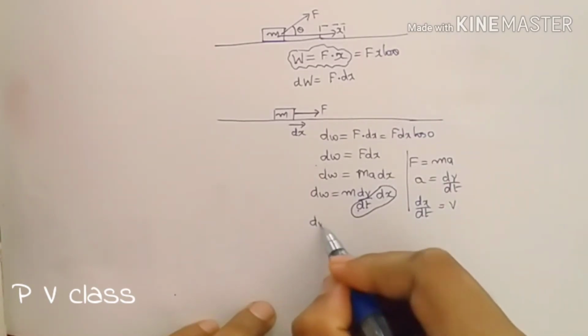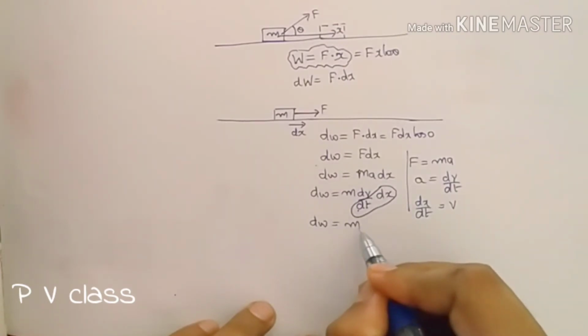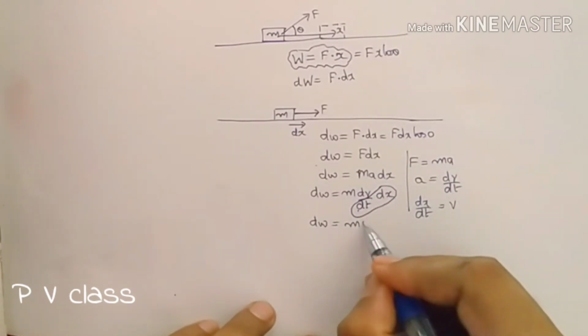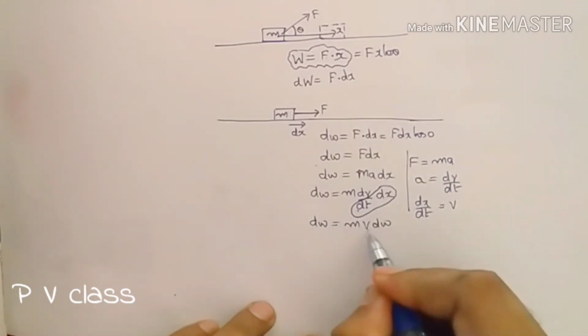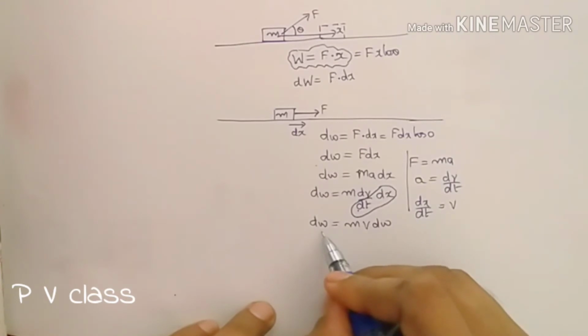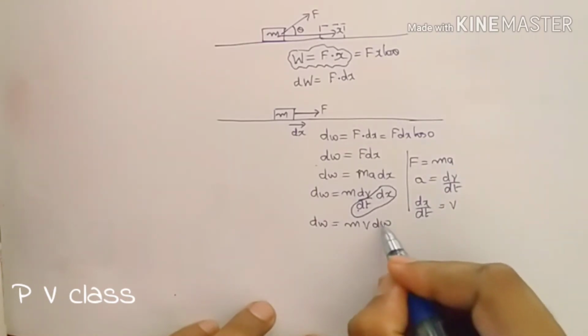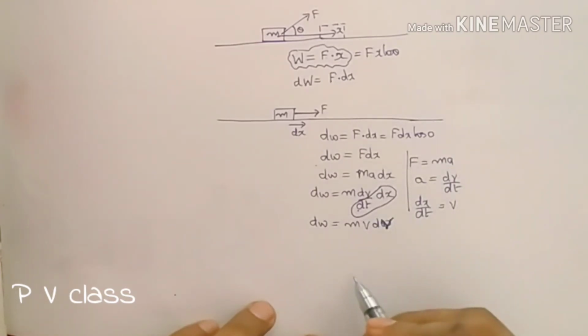Therefore we could write dW = m, instead of dx by dt, velocity, and there is a dv. Therefore it could be rewritten as dW = mv dv.